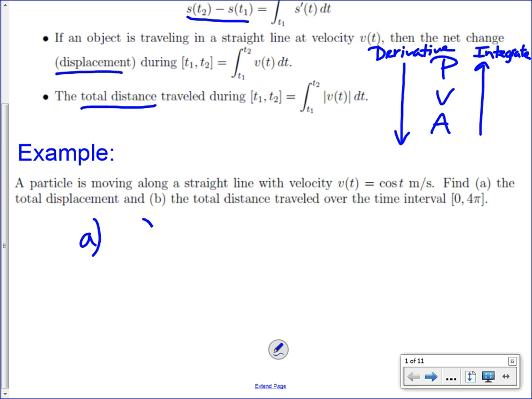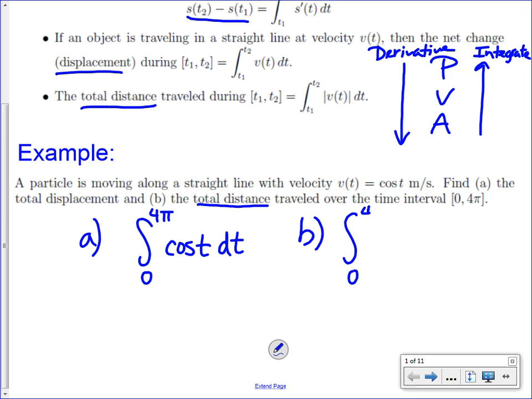So we're just going to set up the definite integral from 0 to 4 pi of the velocity, so of cosine of t dt. And then you would just evaluate that definite integral. Okay, for part B, though, to find the total distance, that's when you want to put absolute value around your function.